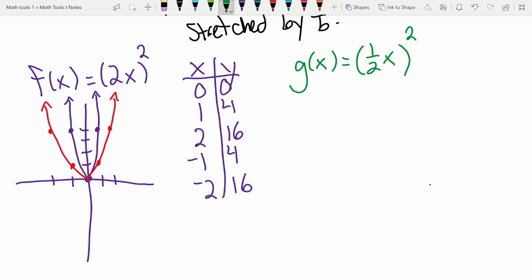Now let's go ahead and look at it on the green side, the 1/2 x squared. So again, just like I've mentioned in the other videos, I think it's best to work off a set of points, no matter what graph you're doing. Pick like 5 points that give you a good general shape of the graph and just apply the transformations to those points.